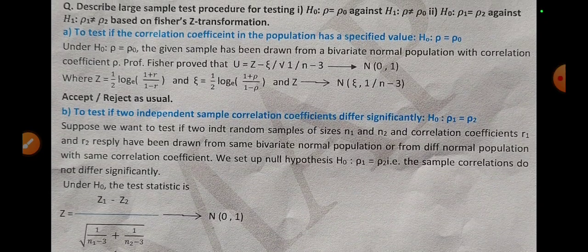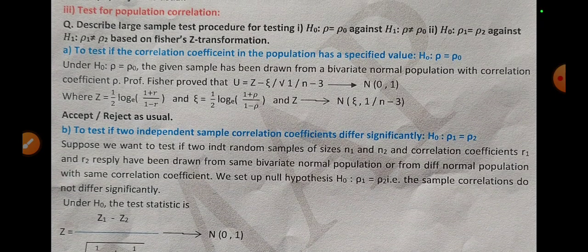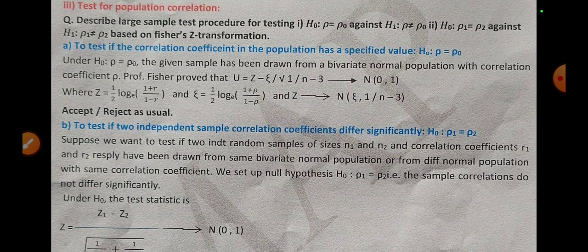So this is the test procedure for the bivariate case, in which we are interested in testing whether the sample correlation coefficient actually reflects the population correlation coefficient. These are the two tests, and we have discussed these two test procedures with the help of sample observations. So thank you very much.